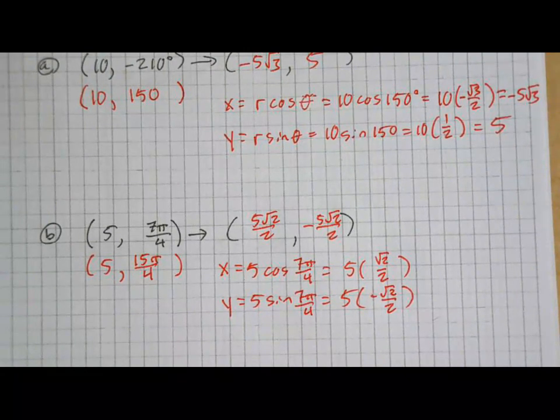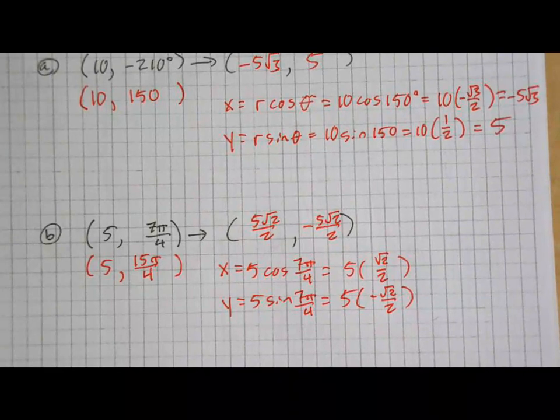How are we feeling? All right. That's it. All right, let's see if we can go the other way. Any questions on A or B here before we switch it up? We're going to go rectangular to polar next.